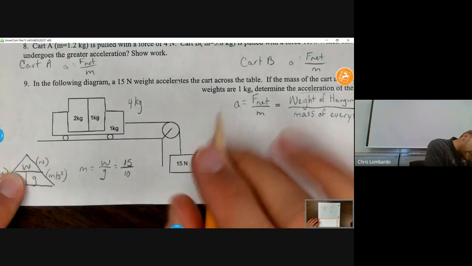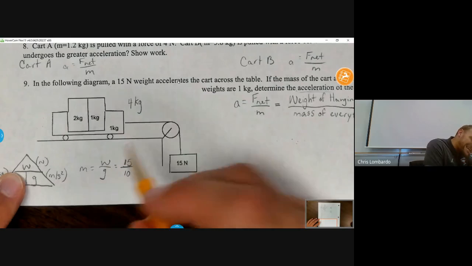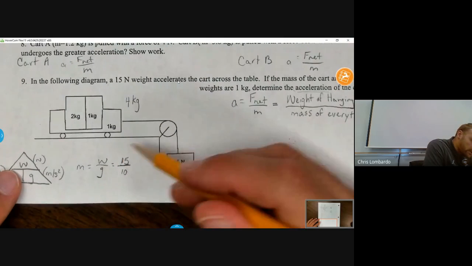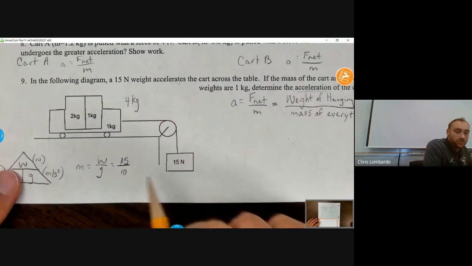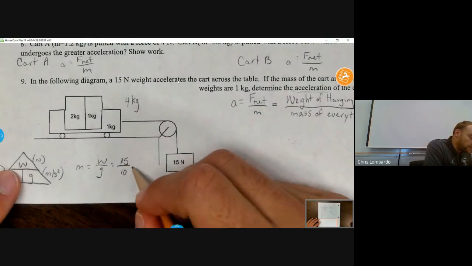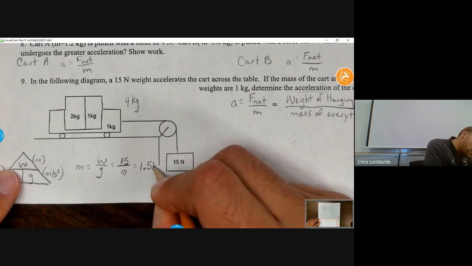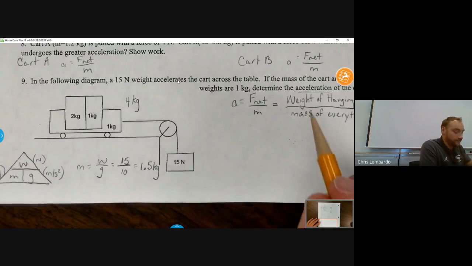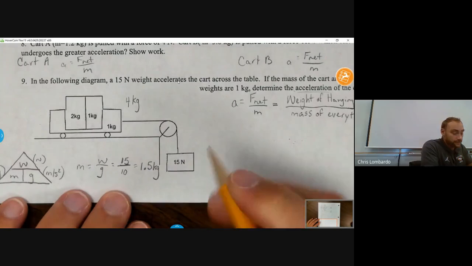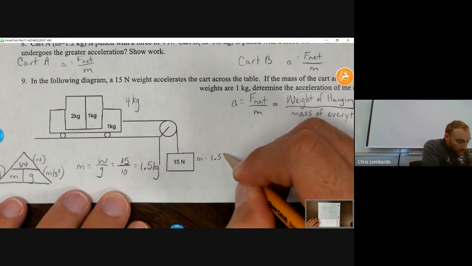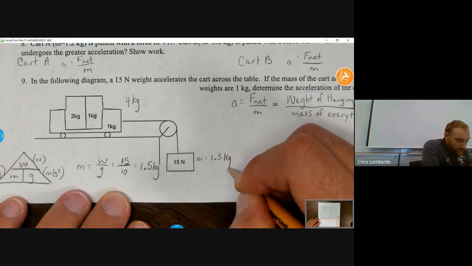We're going to leave out the negative for now because masses cannot be negative. If we really wanted to, this would be negative 10, and the weight vector would be negative 15 because it would be down. But we're going to keep it simple here. 15 over 10, you plug that in, and you get a mass of 1.5 kilograms. So this hanging block's mass is equal to 1.5 kg.